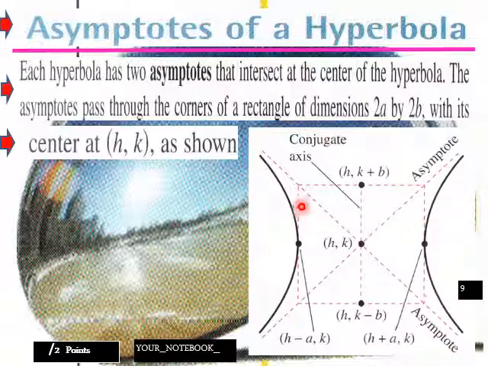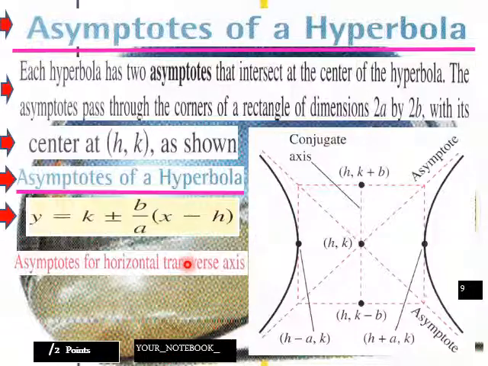Our (h, k) plus b, and then this dimension would be your h minus a over k. This would be our 2a, and our 2b would be this dimension. Once you have that, you can draw your rectangle and sketch your asymptotes through the corners of the rectangle to provide the asymptotes for your hyperbola.